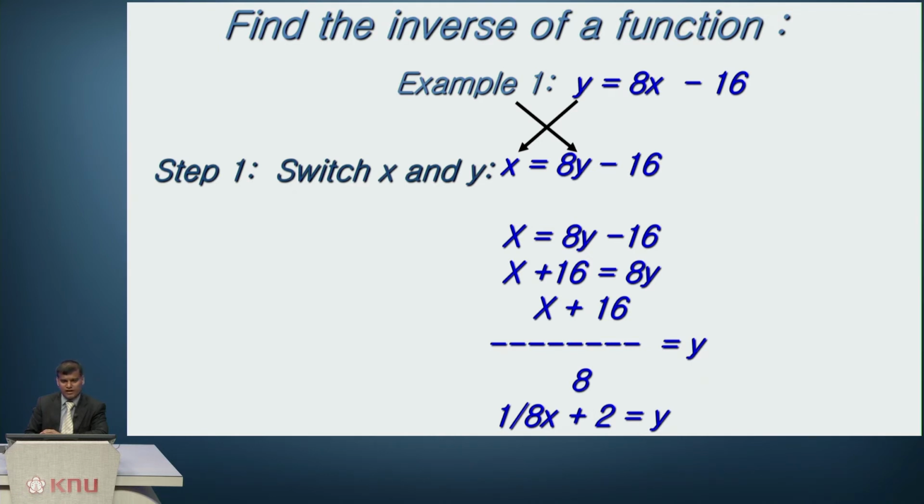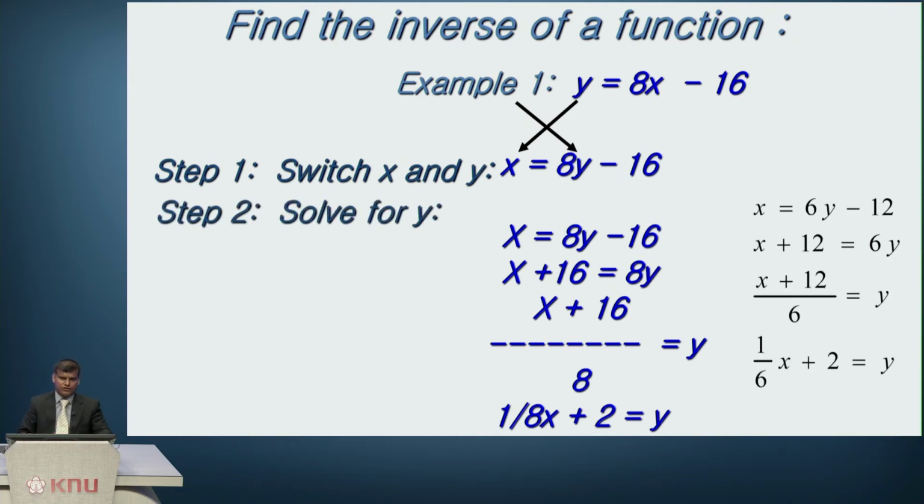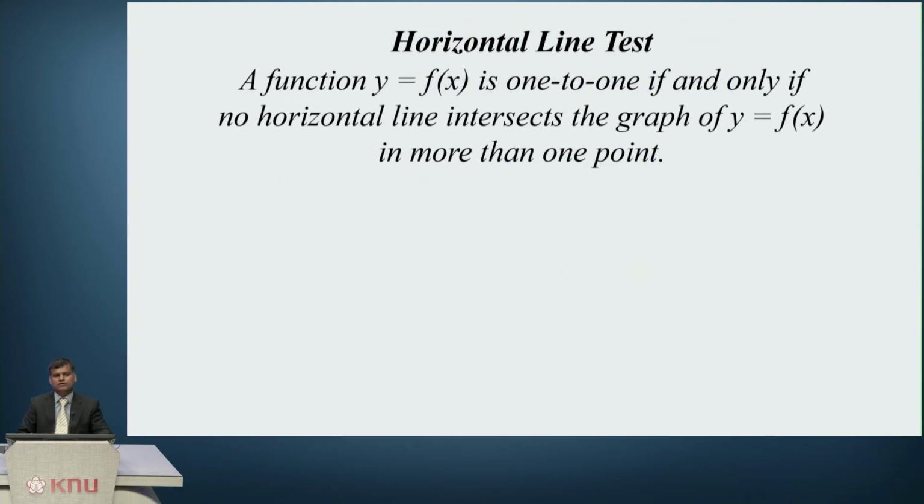Yes, finally what you get here is y equals 1 by 8x plus 2. So that's what we get here for the inverse of the function. We are trying to solve for this one.